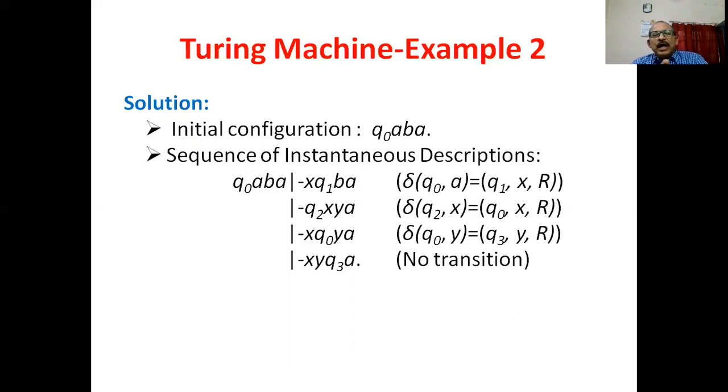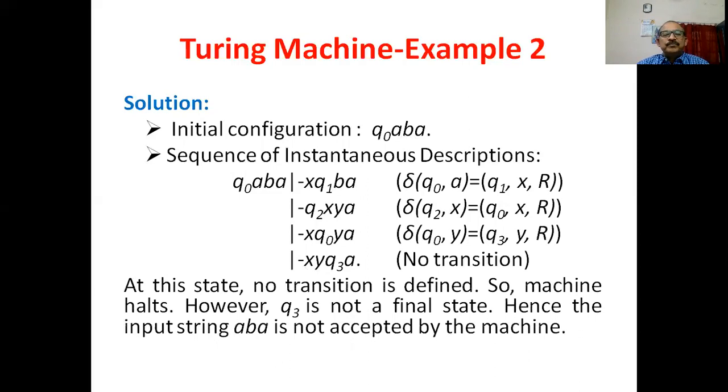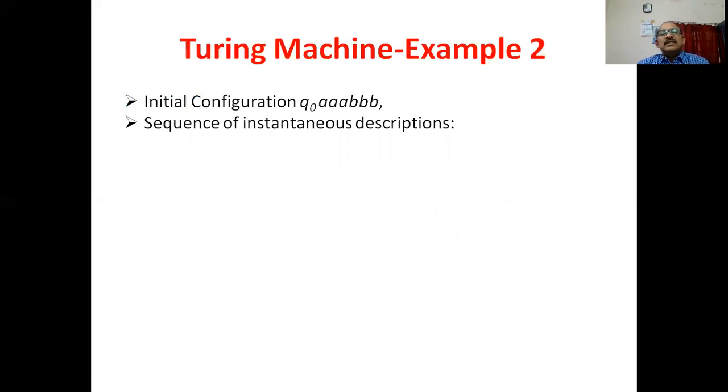You have to see the current state of the machine. The current state is Q3, and Q3 is not a final state. It means that the machine will not accept ABA. ABA is rejected by the machine. Let us see the next.